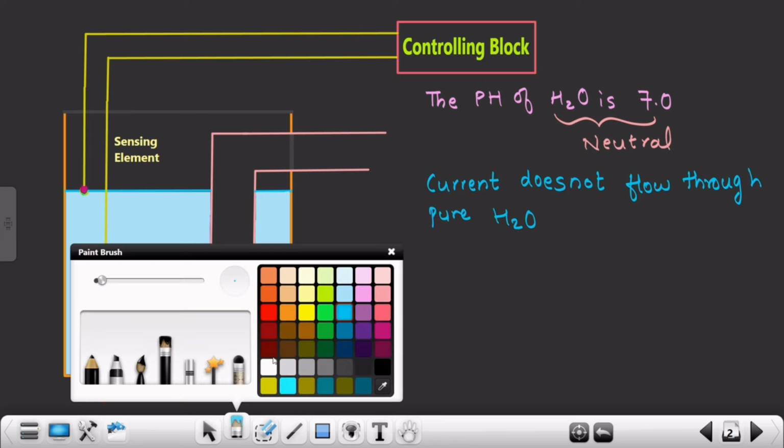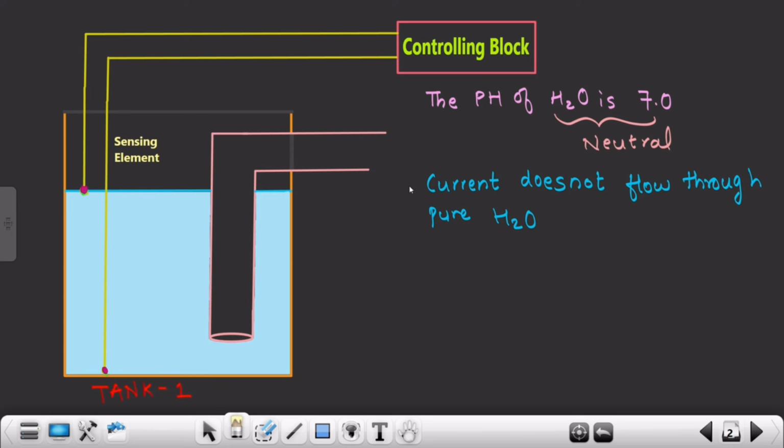So let's assume we are adding a certain amount of salt. Just a small amount of salt will do.